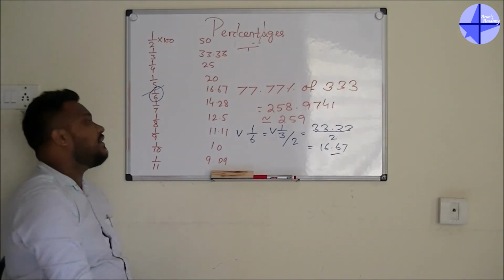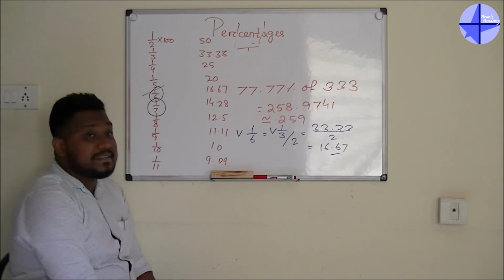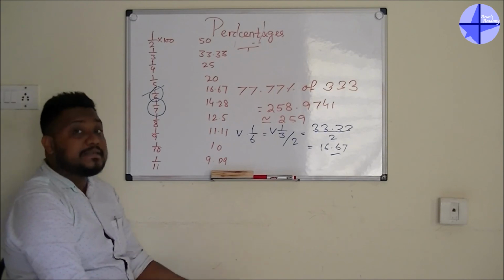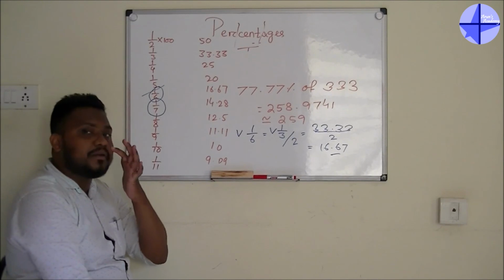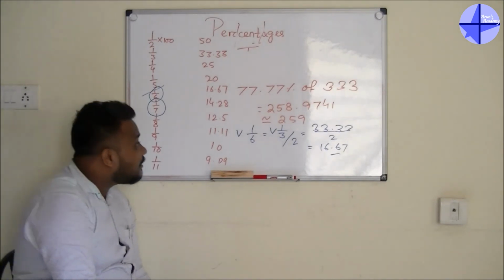Now we will go for 1 by 7. But now you know what the problem is: 6 is not a prime number, only for that reason we simplified 6 by using the previous numbers. But 7 is a prime number. So how to remember it? Nothing to do.